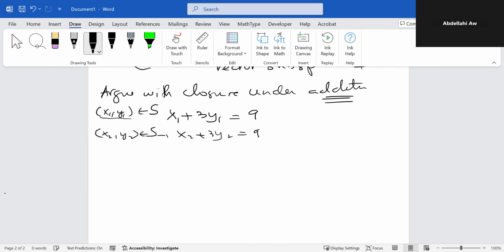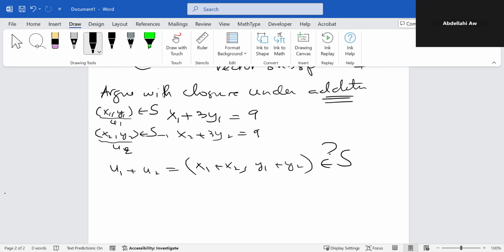Let's add them up. This is u1, this is u2. So u1 plus u2 will be (x1 plus x2, y1 plus y2). Now let's see if this one is an element of S or not.